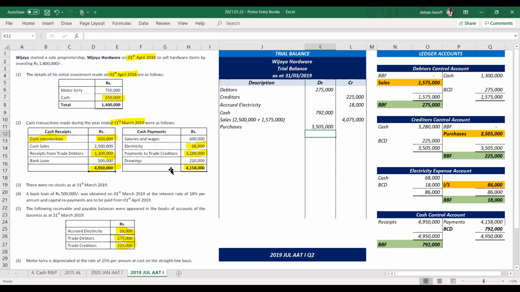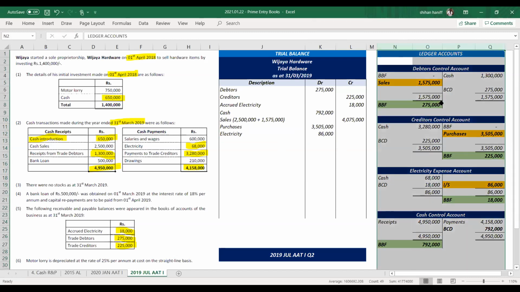There is no cash purchases. Electricity $86,000 debit. So that is from the ledger accounts.